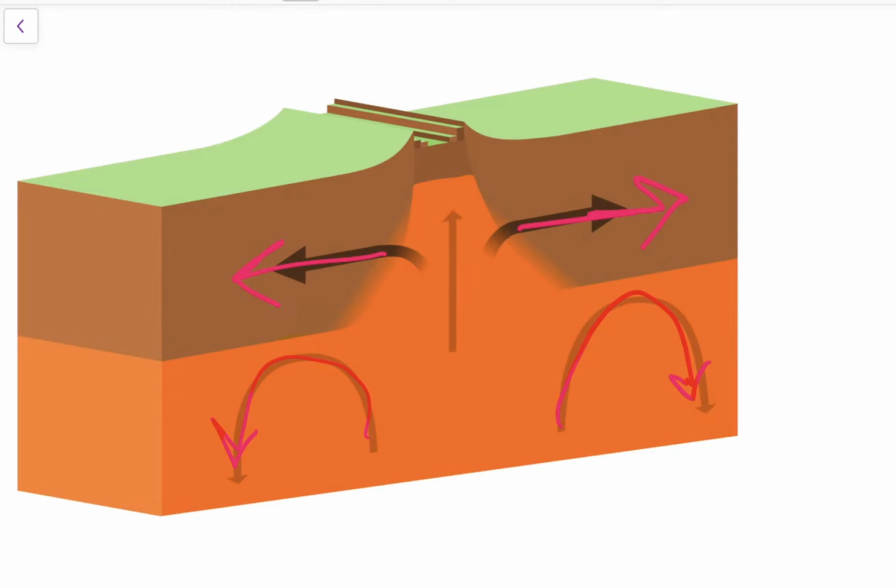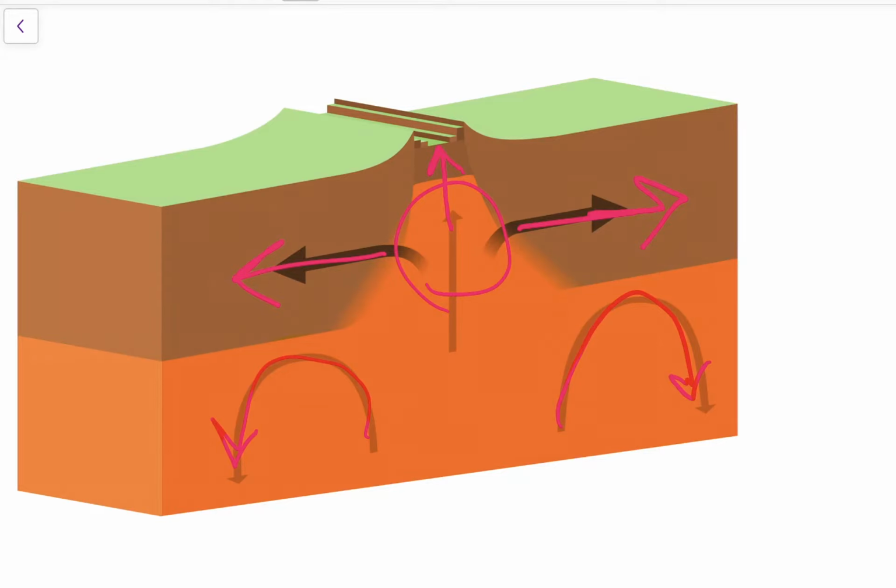When those 2 plates move in opposite directions, it creates a little hole in between the 2 plates. So what happens here? Well, new magma from below Earth's surface rises up to fill that hole.